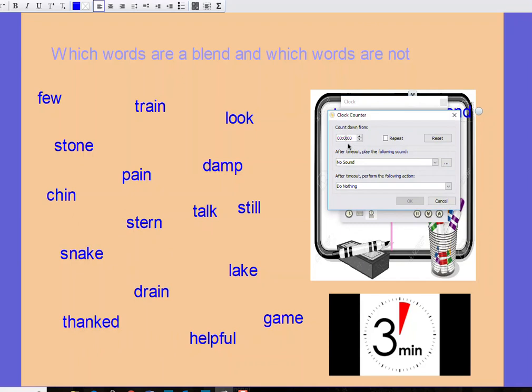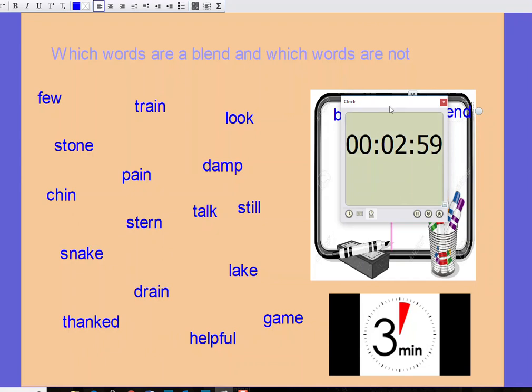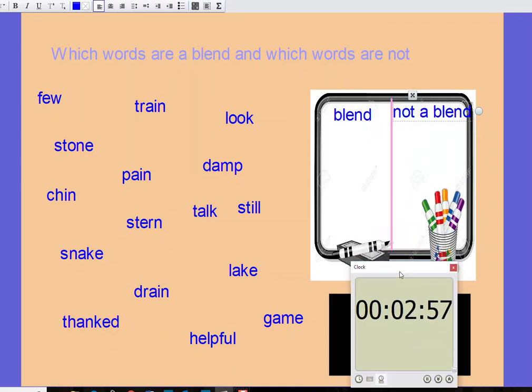3 minutes, you need to decide. You need to write them out, the words, and put them in the correct place. So is a blend, is not a blend.